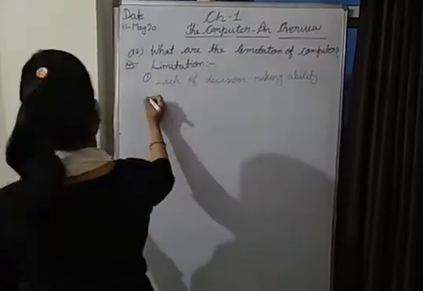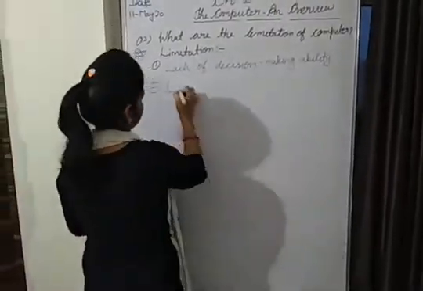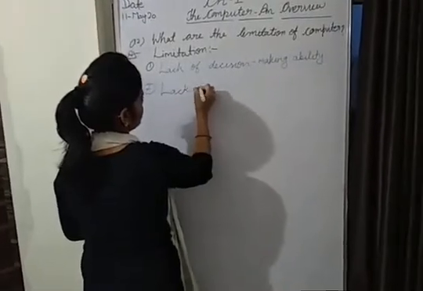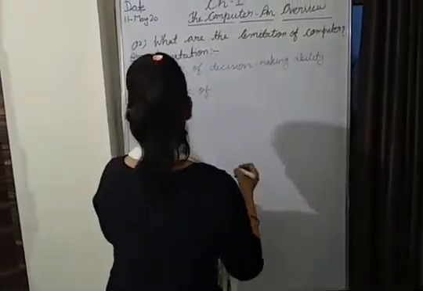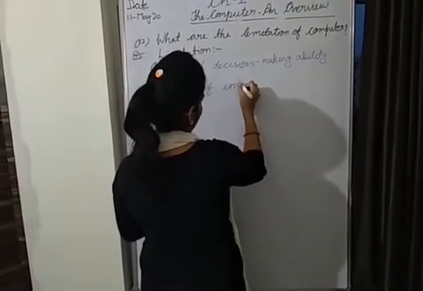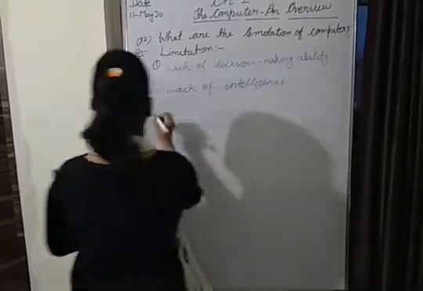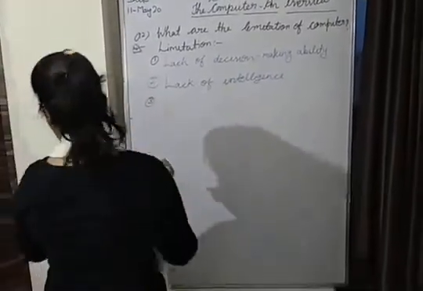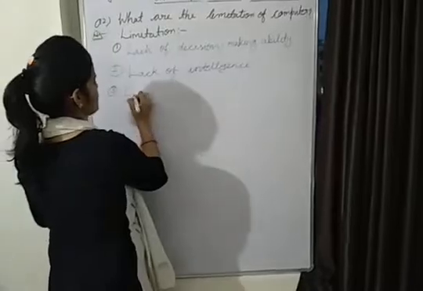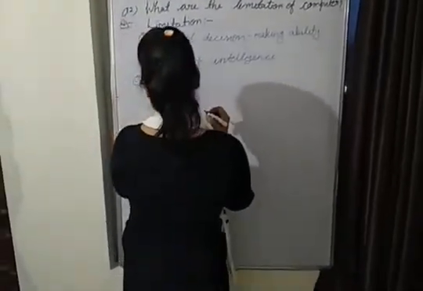Second one, लैक ऑफ इंटेलिजेंस. मीन्स कंप्यूटर का अपना कोई दिमाग नहीं होता है. लैक ऑफ इंटेलिजेंस. थर्ड वन, लैक ऑफ फीलिंग एंड इमोशंस. मीन्स कंप्यूटर डोंट हैव एनी फीलिंग्स एंड इमोशंस.